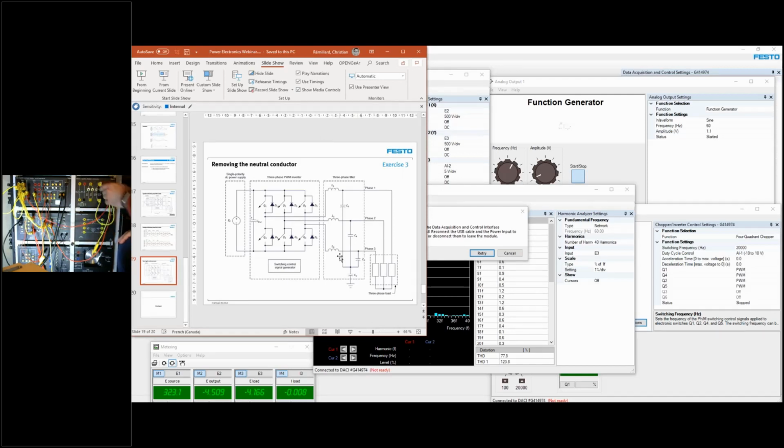Okay, so I'm just disconnecting here what I don't need, which is almost everything. I won't be connecting any meters to observe what's happening. We will just look at the motor spinning and maybe just measure the current in one phase.